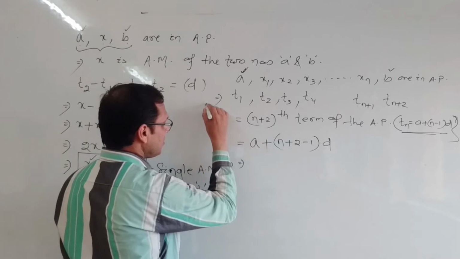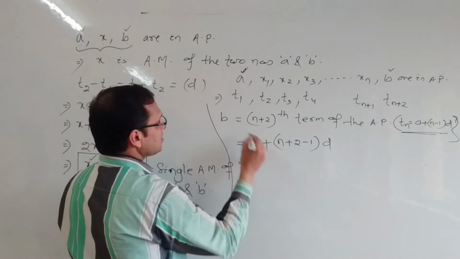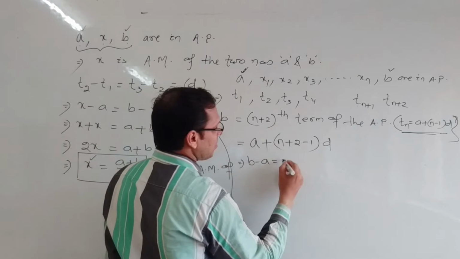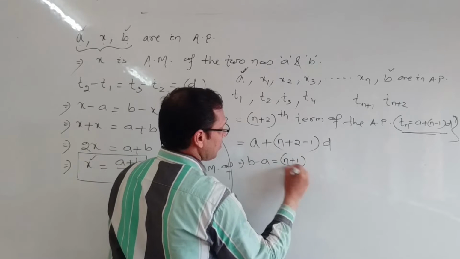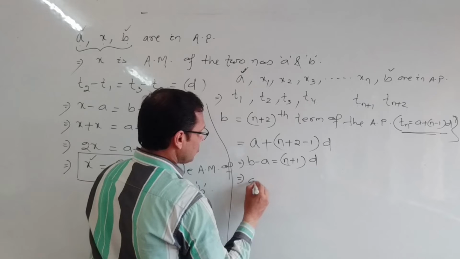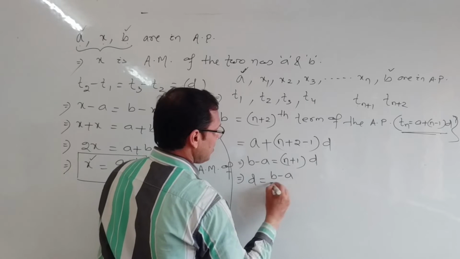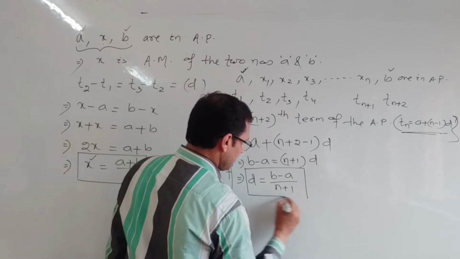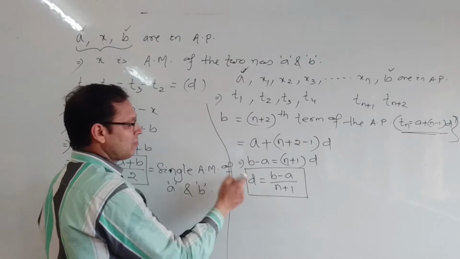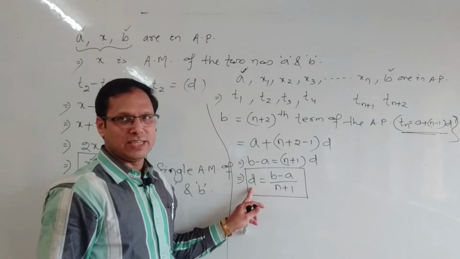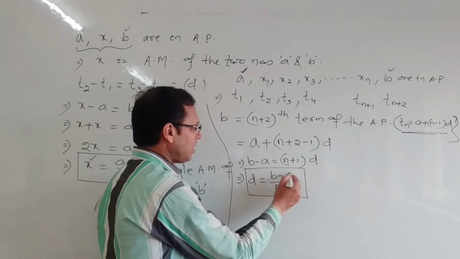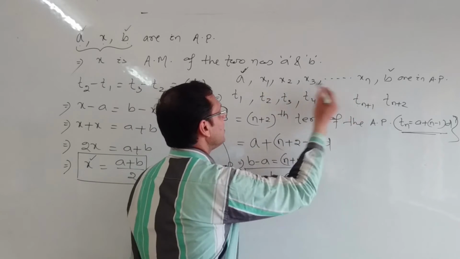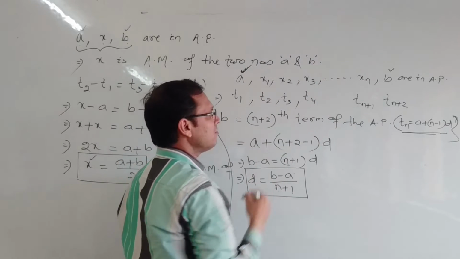This is nothing but b minus a is equal to (n plus 1) into d. So d is equal to (b minus a) by (n plus 1). What is d? d is the common difference of the AP. So first of all, you have to find d, which is equal to (b minus a) by (n plus 1), where n is the number of arithmetic means inserted between the two numbers a and b.